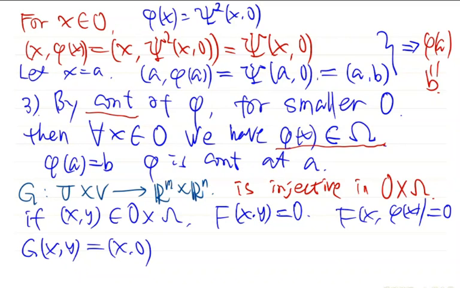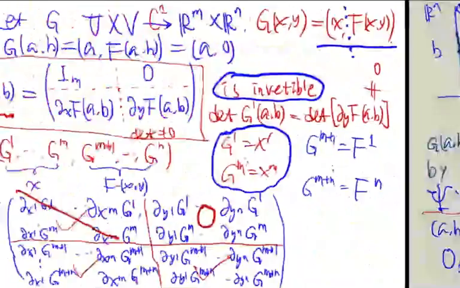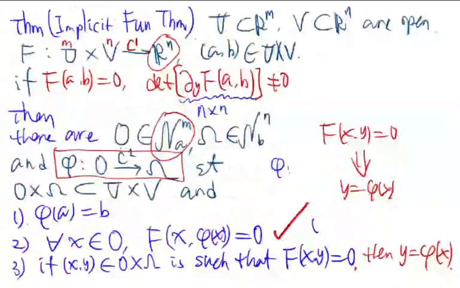So this G x y can also be written as G x phi x. The injectivity of G means that x y equals x phi x. Therefore, y is phi x. So this proves the third statement of the implicit function theorem. Okay, so this completes the proof of our important theorem, the implicit function theorem.